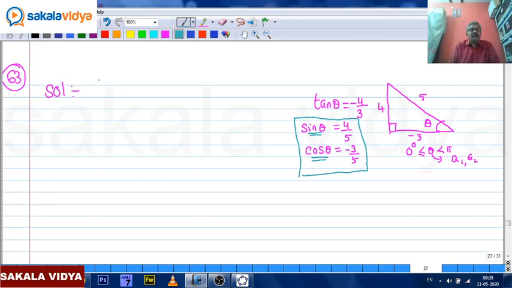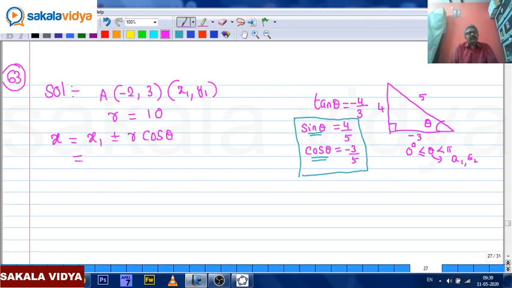Now let us come to the problem. A's coordinates are minus 2 comma 3. Say this is x1 comma y1, and we need the points which are at a distance of 10 units. r is equal to 10 units, and we know sin theta and cos theta. Parametric equations: x is equal to x1 plus or minus r cos theta.